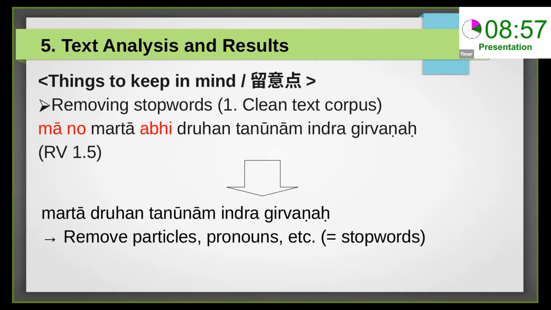In this example sentence, mano marta abhi durhan tanunam indra girvanaha, mano and abhi are particles or pronouns which are less informative, which are stop words, so they should be removed.